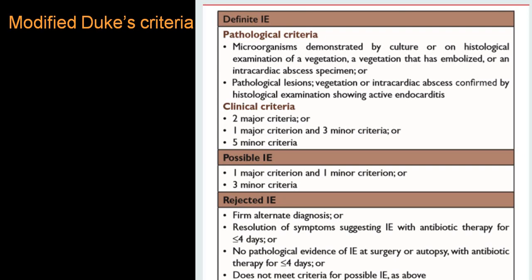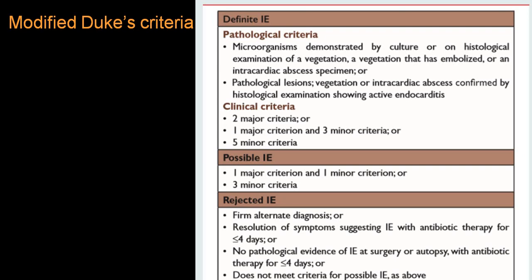While rejected was a firm alternative diagnosis, resolution of symptoms suggestive of infective endocarditis with antibiotic therapy within 4 days, no pathological evidence of infective endocarditis at surgery or autopsy with antibiotic therapy for less than 4 days, or does not meet the criteria for possible infective endocarditis as above.